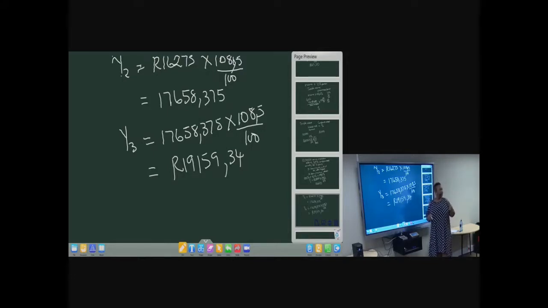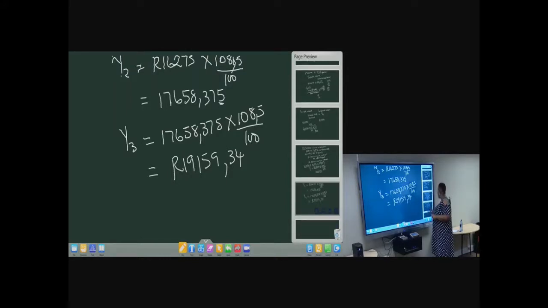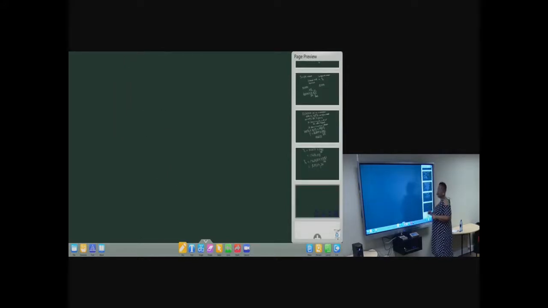I want to mention that when you are rounding to two decimals, you will look at the third number after the comma, and if the third one is 5 or above, the number changes to a 1, and that one you add to the second number. You must always remember that because there are learners who will lose marks on rounding. So please don't lose marks on rounding.